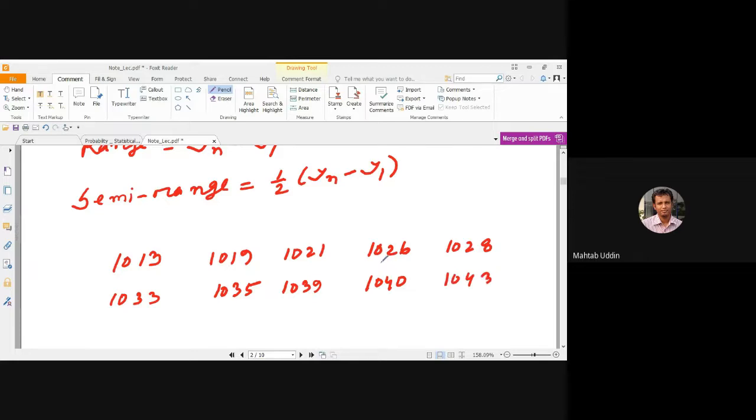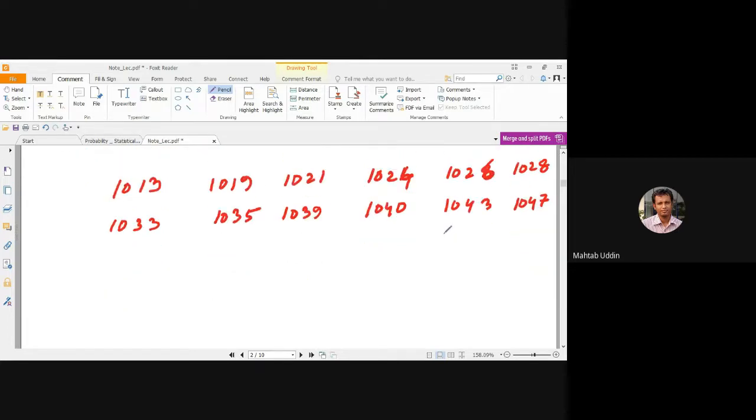One value is missing between 1019 and 1026, so there are 24 and 26 as well. Okay, we'll find everything for this example.